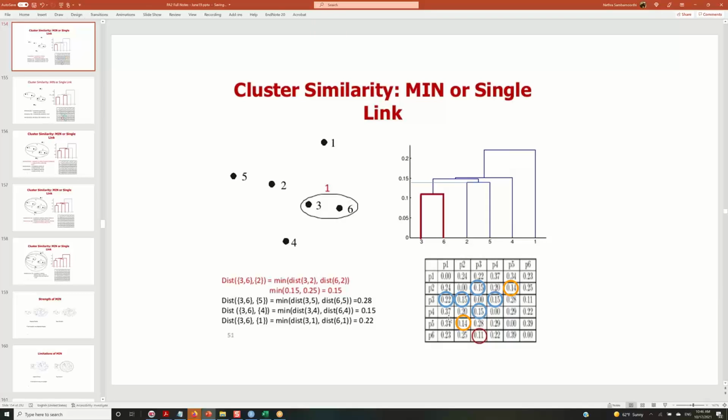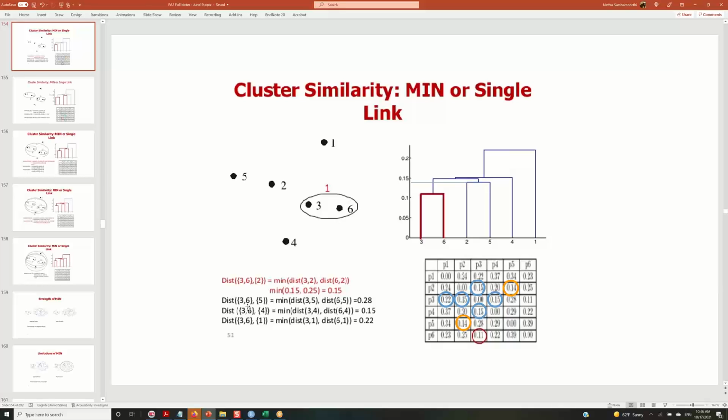I'm using minimum only. I'm not talking about 0.24 here, for example. I don't even wait to reach 0.24 to get connected to all these things. The moment it reached 0.22, I'm connected to 3, so I'm connected to everything else. So I'm using what is called the minimum distance. Mathematically, you take first 3, 6, and then I calculate the distance with respect to 2, which is the minimum of distance 3,2 and distance 6,2, which is 0.15.